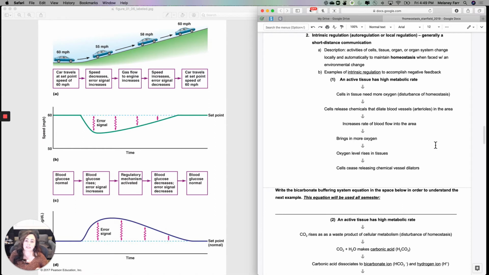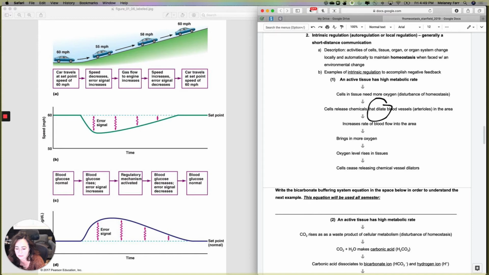So the cells in just that particular tissue will release chemicals that cause local arterial dilation to that tissue alone. And what that's going to do is increase the rate of blood flow into the area, and therefore the oxygen level will go up in the area.